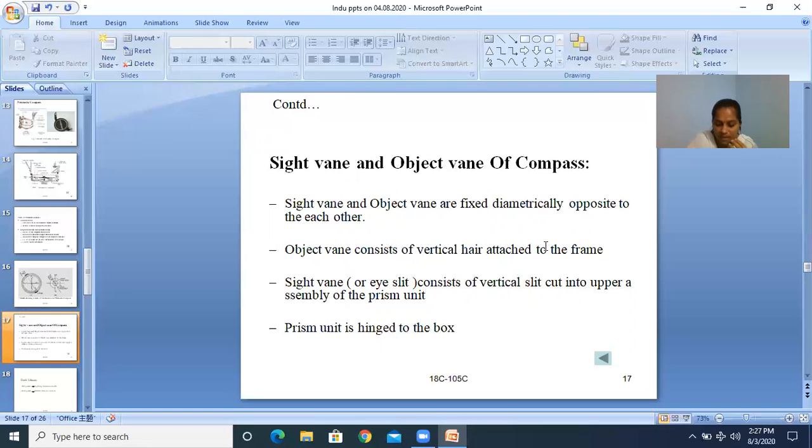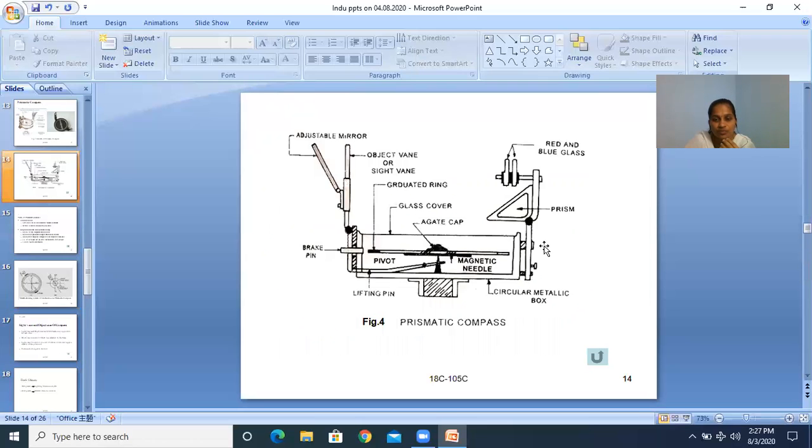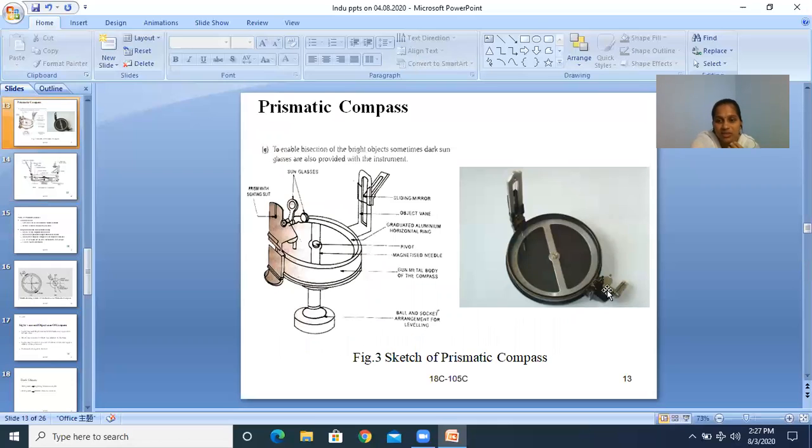I will show the figure. So these are the two vanes. This one is the object vane, and this is the eye vane. Opposite to the object vane is the eye vane.